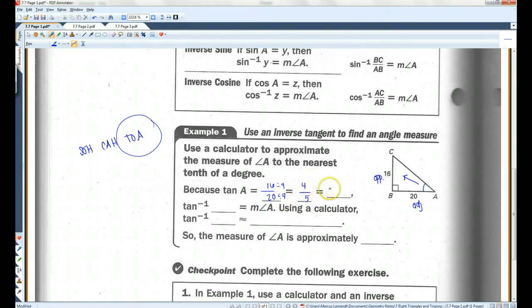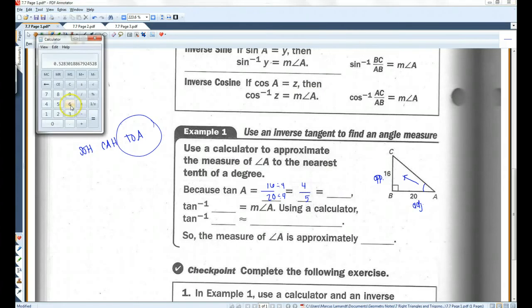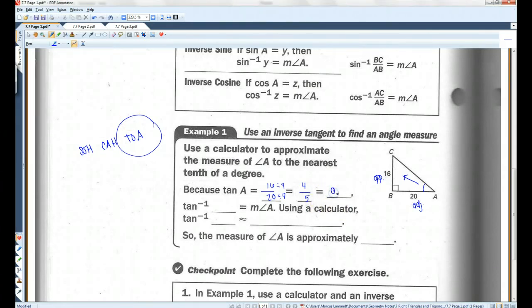4 over 5, if you were to put it in a calculator, actually, let's go ahead and do that. 0.8. Okay? I'm going to add a step in here. This is what we have. Tangent of A equals 0.8.